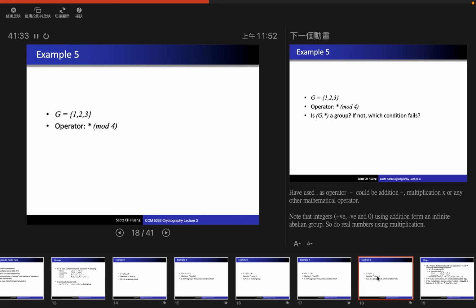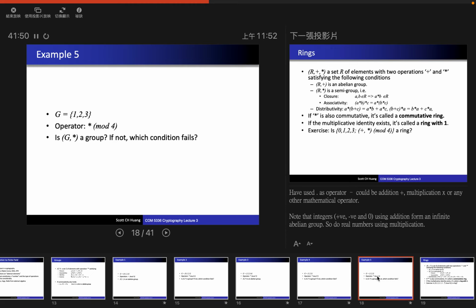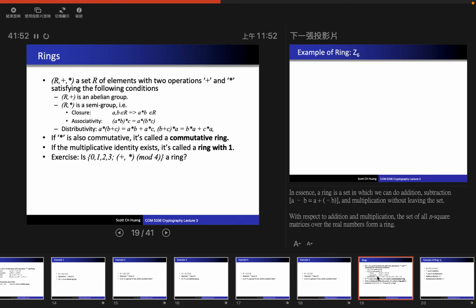And also, 2 does not have an inverse. Okay, so this fails. In this case, 3 has an inverse, 1 has an inverse, but 2 does not have an inverse. So both G0 and G3 fail. So this is not a group. Okay. So that's all about groups. The concept shouldn't be too hard. It's a little abstract, but it shouldn't be too hard. Let's talk about rings.